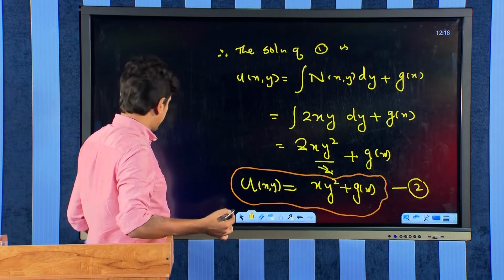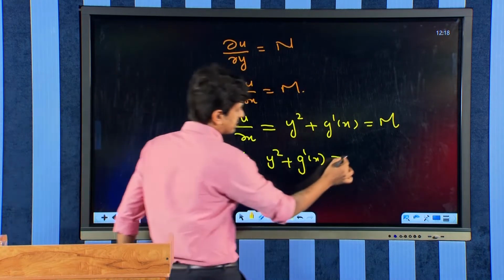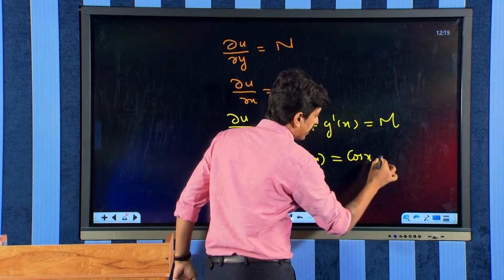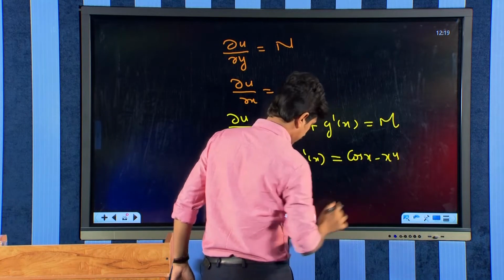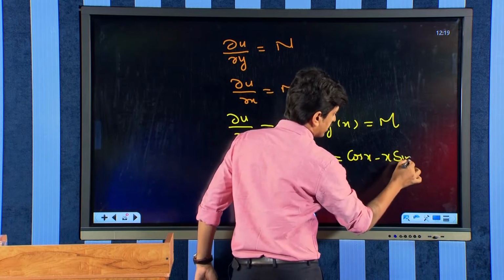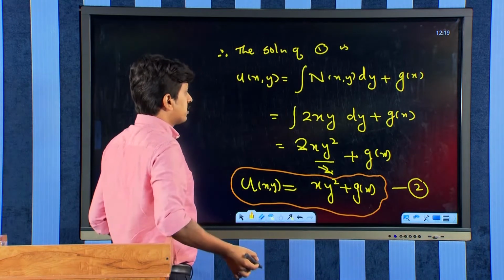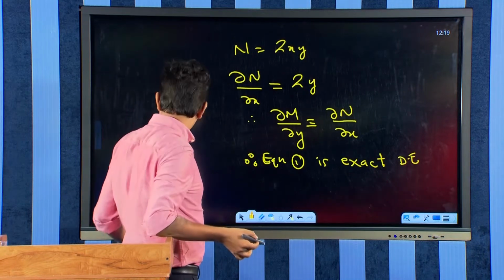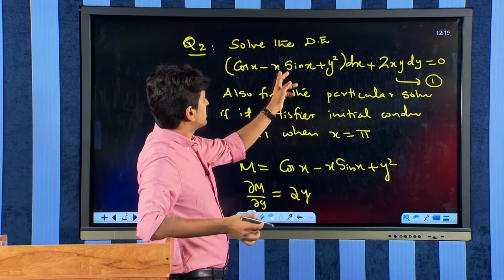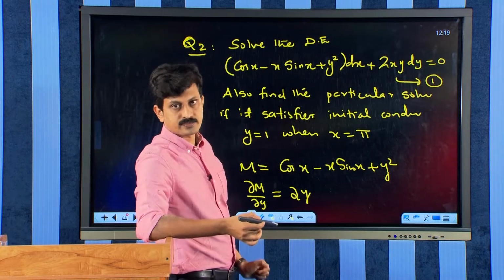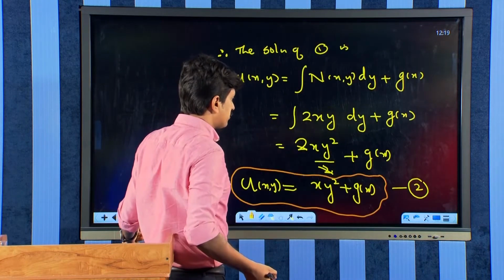So, cos x minus x sin x plus y². Okay, fine.